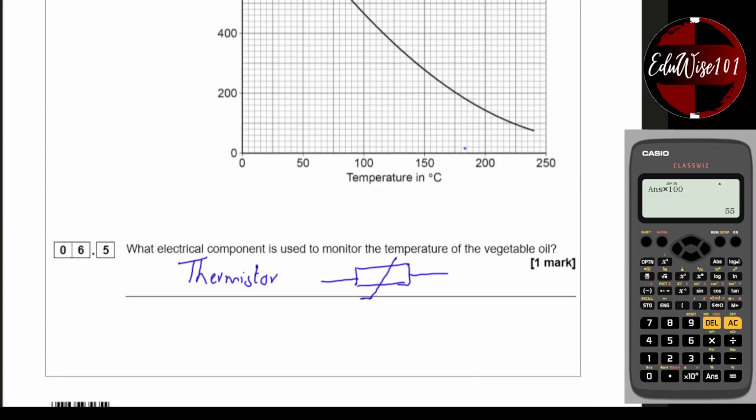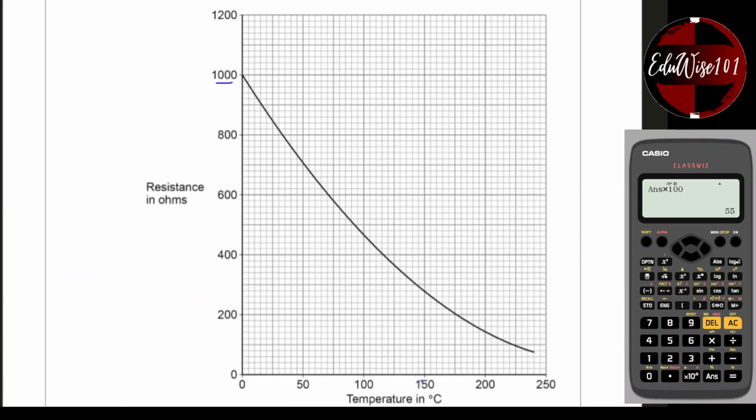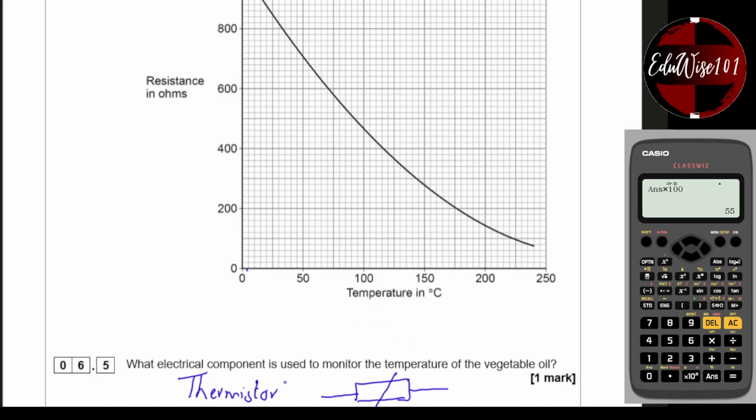So if you go back to the previous graph, if you work out where is 160, well, again, each box is 5 degrees, right? How do I find that out? Because there's 10 boxes between 0 and 50. So if I divide this 50 by 10, I will get 5. So each box is 5 degrees.